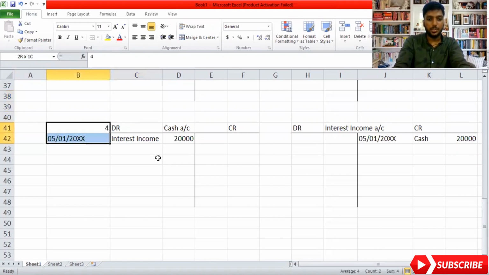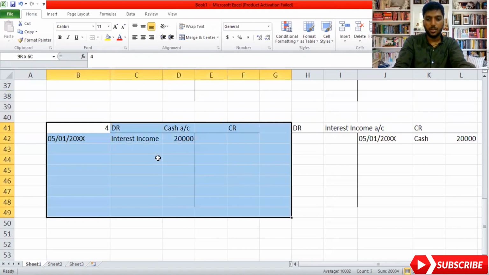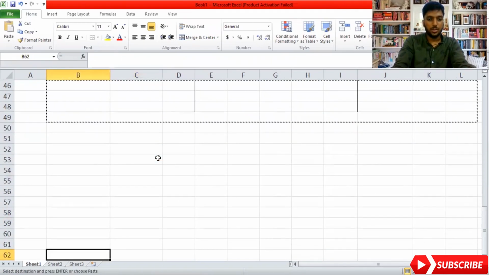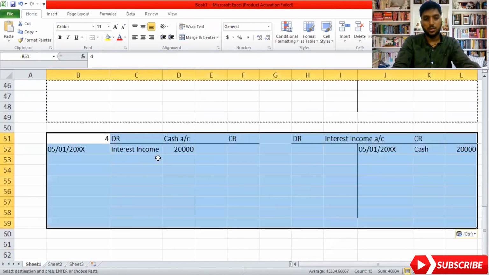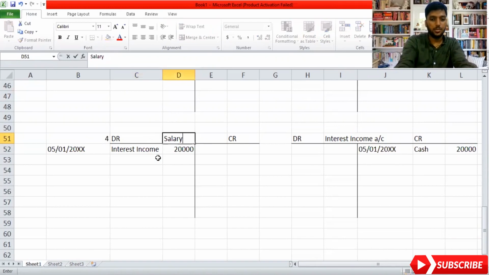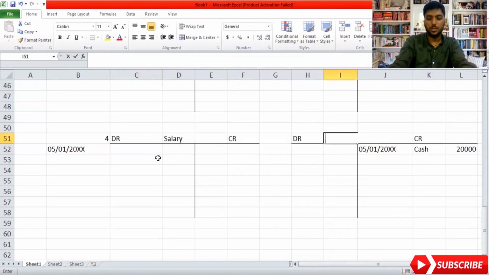I'll copy the same adjustment, guys. Come a bit down, and here I'm going to write salary. Easy. Let me keep the same date. I don't know if it is the same date or not.